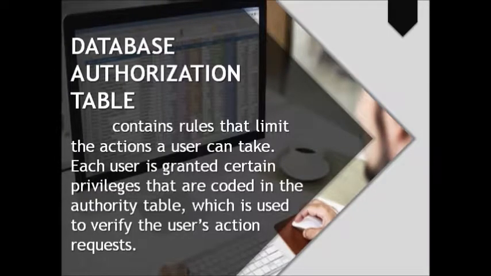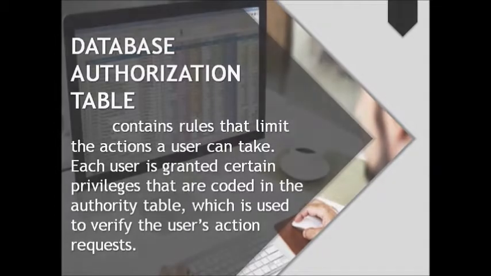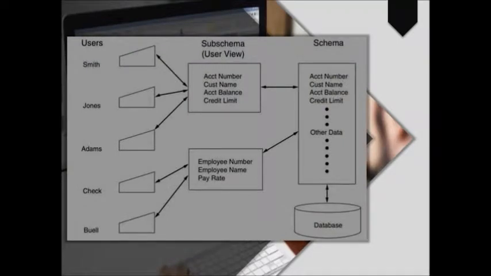The next feature, which is the database authorization table, contains rules that limit the actions a user can take. Each user is granted certain privileges that are coded in the authority table, which is used to verify the user's action requests. For example, in the user view figure, Jones, Smith, and Adams have access to the same data attributes via a common user view.